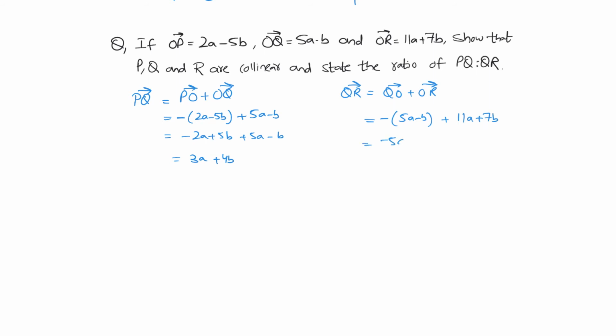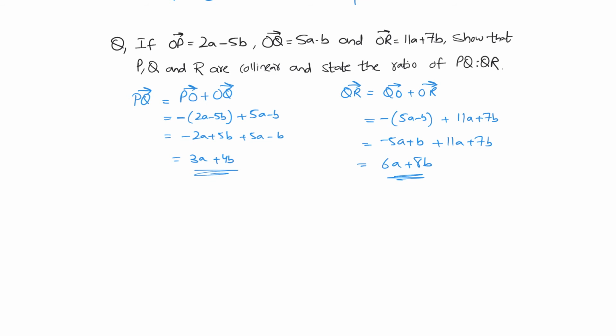So minus 5A plus B plus 11A plus 7B gives 6A plus 8B. Okay, so PQ is 3A plus 4B and QR is 6A plus 8B.